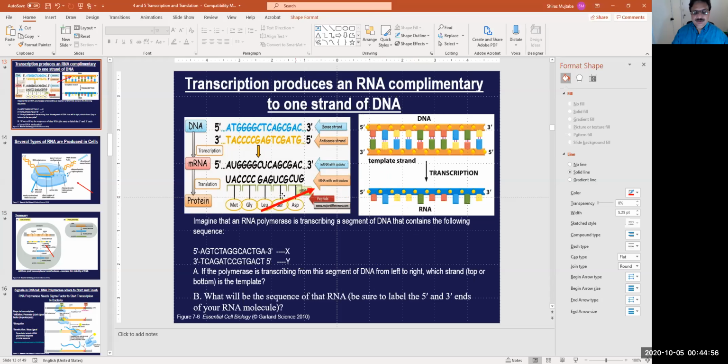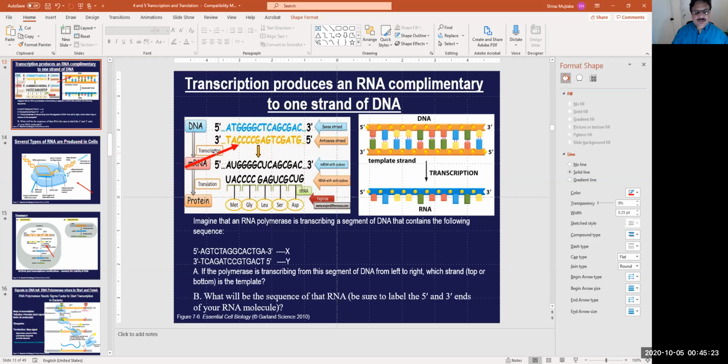Now this is very interesting if you notice. You see the bluish strand and the yellowish strand, and they give rise to an RNA molecule. If you notice carefully, the sequence of the mRNA or RNA is identical to one of the strands of DNA.